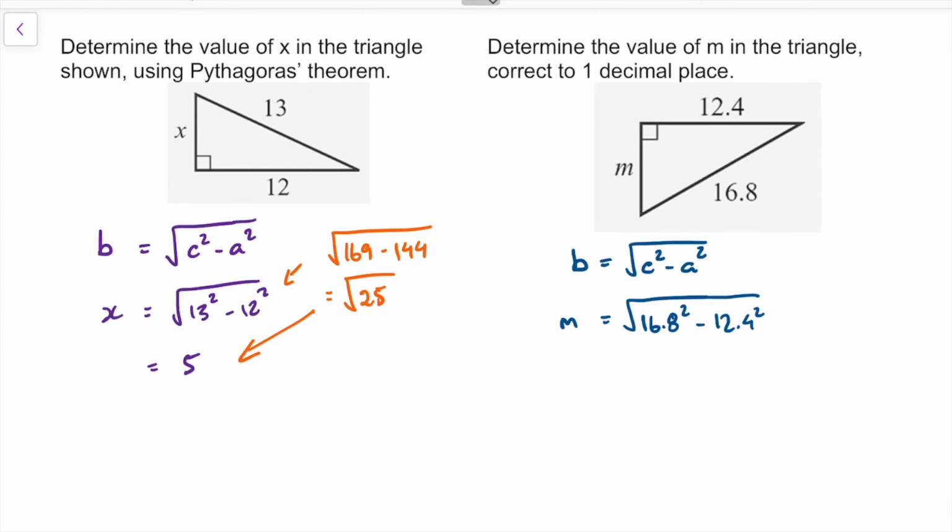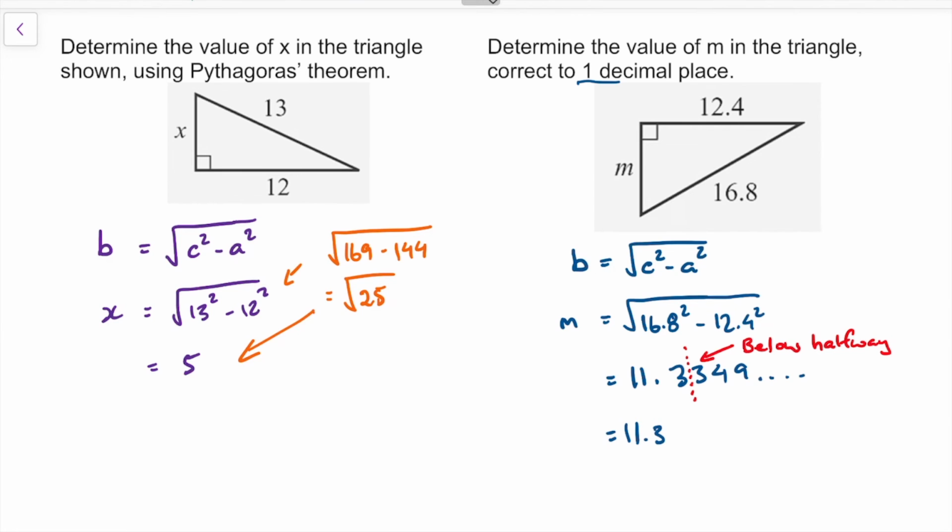Pop that into our calculator and we'll get 11.3349 and so on. Now we want one decimal place, so I cut the number off at the decimal place, and we are below halfway. Therefore, our number 3 there stays as a 3.